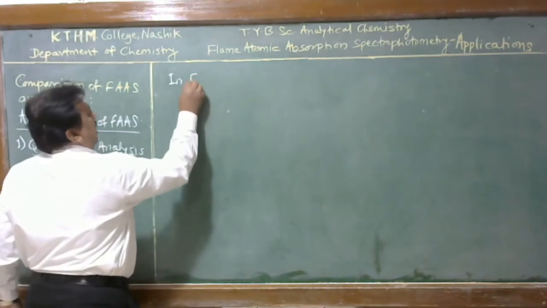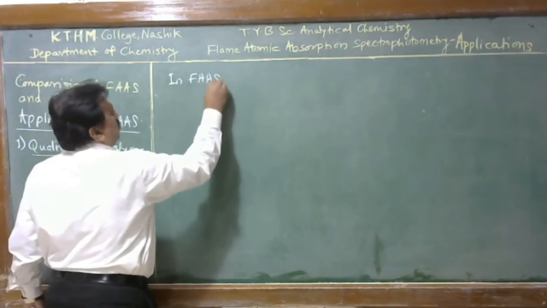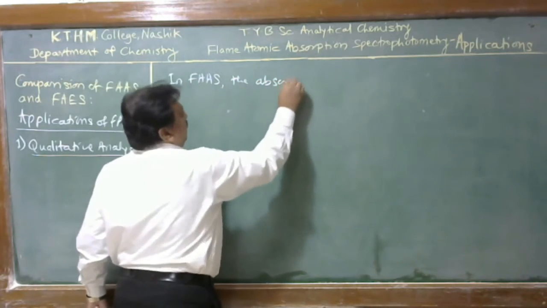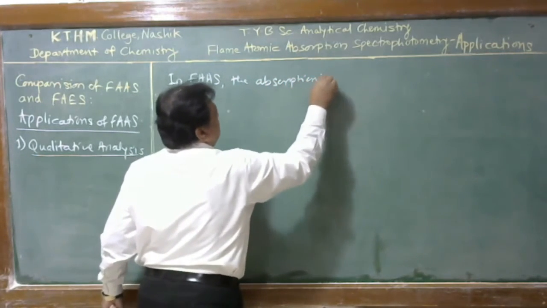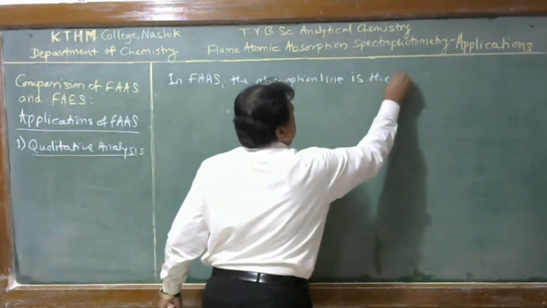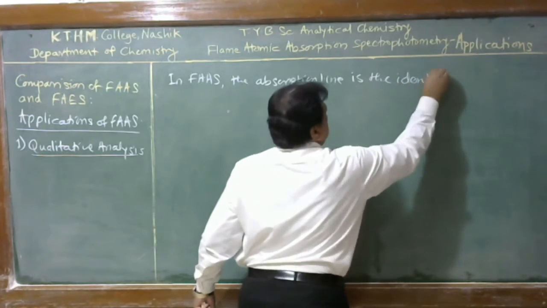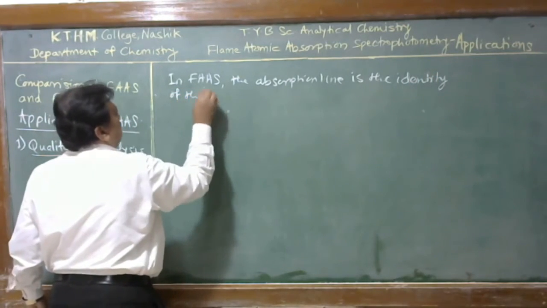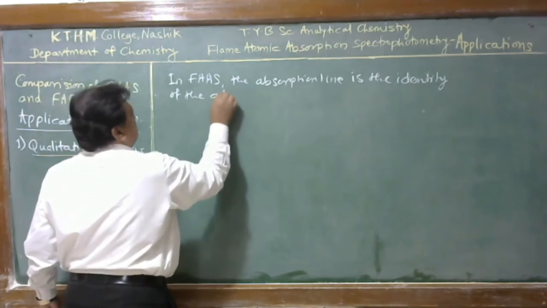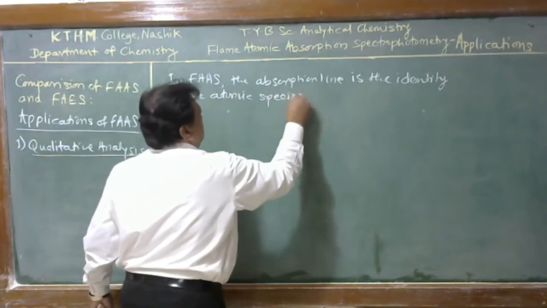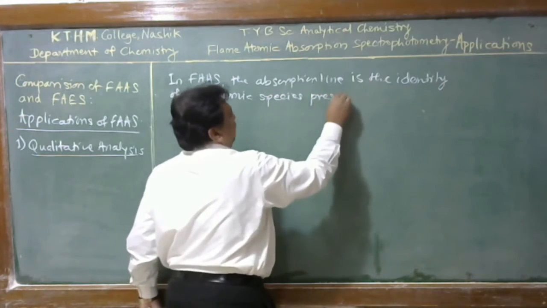In flame atomic absorption spectroscopy, the absorption line is the identity of the atomic species present in the flame.